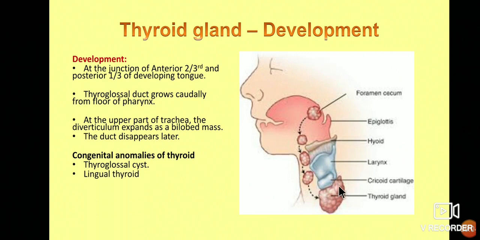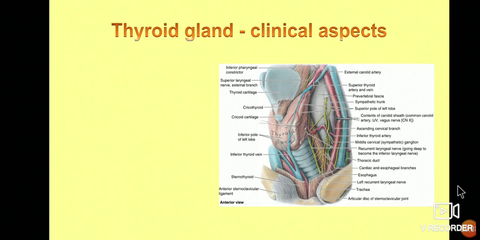If along its descent the thyroid tissue is arrested anywhere, apart from its final position in the adult, that is called ectopic thyroid. These are abnormal sites where you can find thyroid, and accessory thyroid tissue is also sometimes found in the neck. So that is about the development of the thyroid gland and its developmental anomalies.